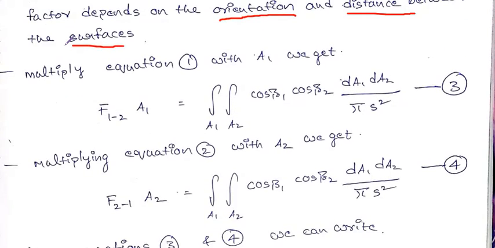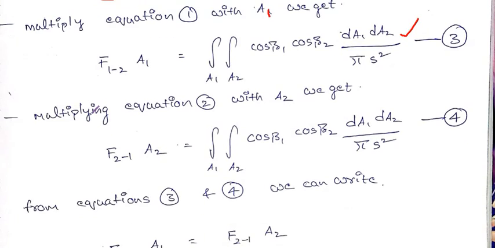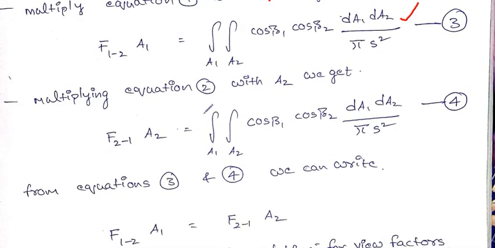Now we will multiply equation 1 with A1, and let this expression be equation 3. Multiplying equation 2 with A2, F2 to 1 into A2 gives equation 4. In both equations 3 and 4, the RHS part is the same.